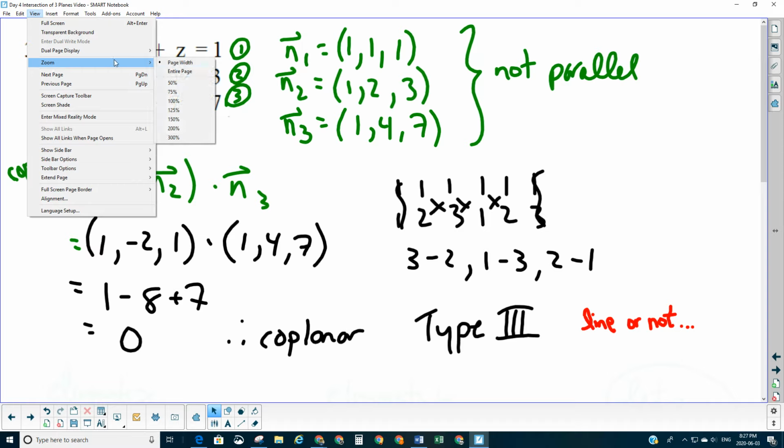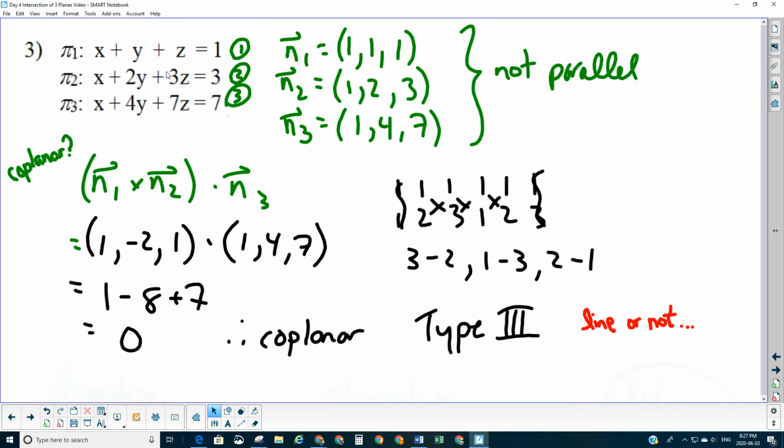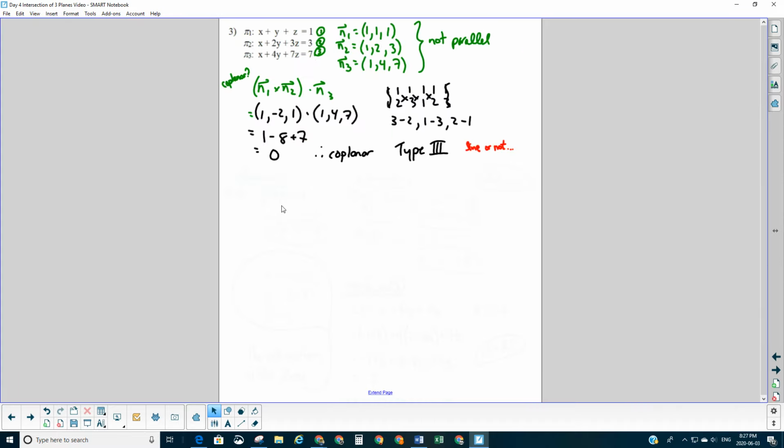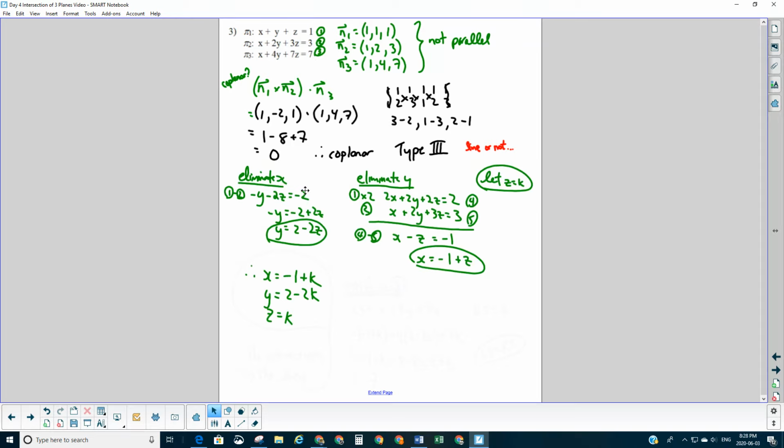So I'm just going to go full screen here, just so we can see the whole thing, because finding the intersection of two planes is what we did last lesson. So I'm going to save us a bit of time here and just say that all of this is exactly the same strategy as what we did last lesson to eliminate x, eliminate y, to get two variables in respect to z.